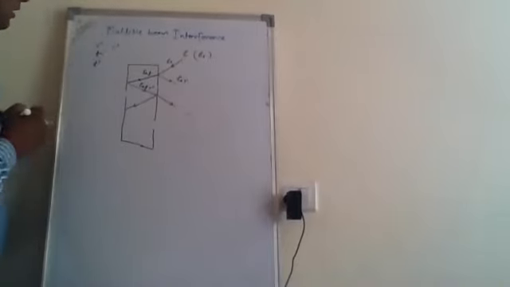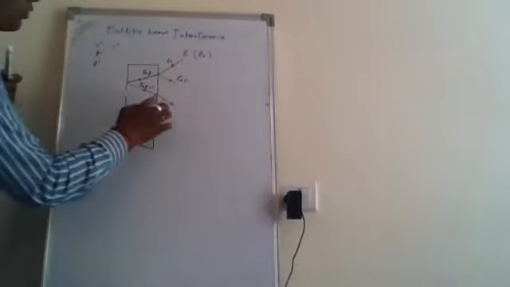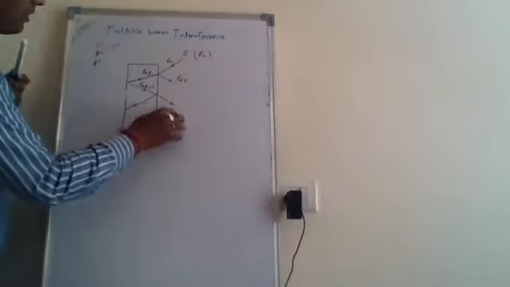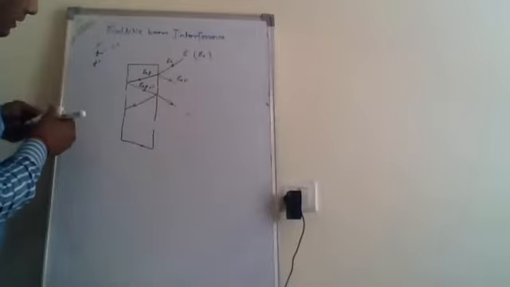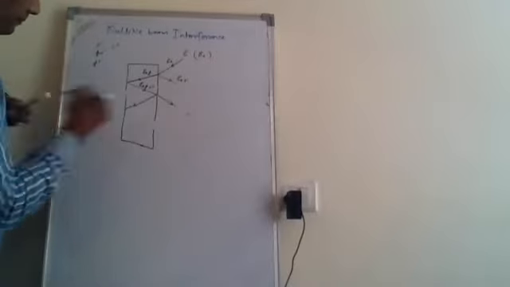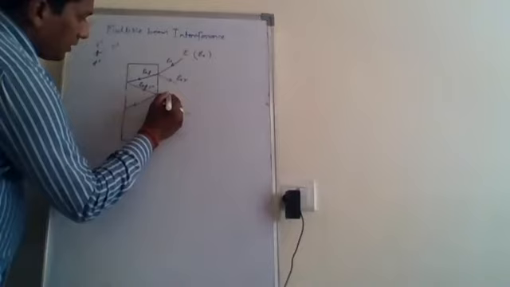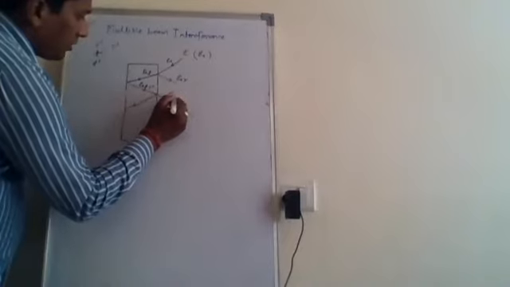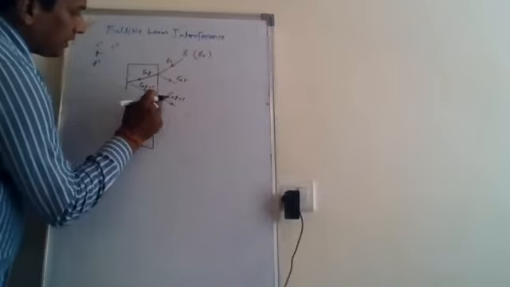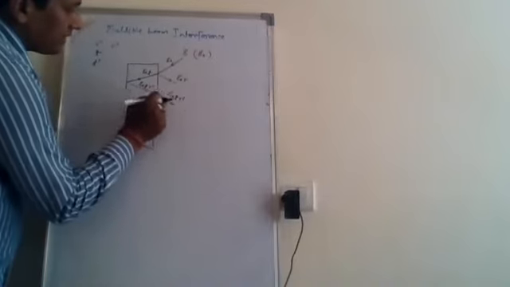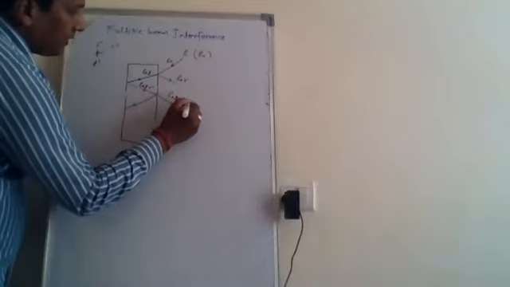So the amplitude of this light will be E naught T R prime T prime. T prime is the transmission coefficient for light going outside the thin film. So the amplitude is E naught T R prime, because the light reaches here, and then the transmission coefficient at this point is T prime.